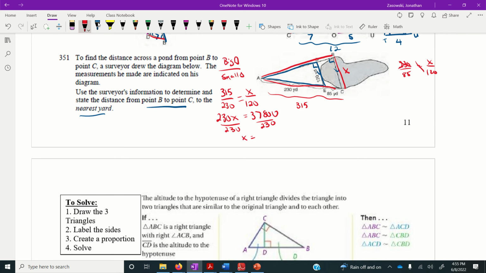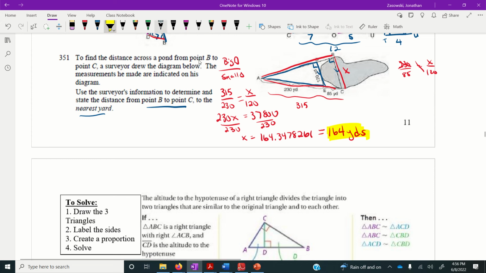It says to the nearest yard, x is equal to, when we divide it out, we get 164.3478261. So when we round it to the nearest yard, we get 164 yards. That is our answer.